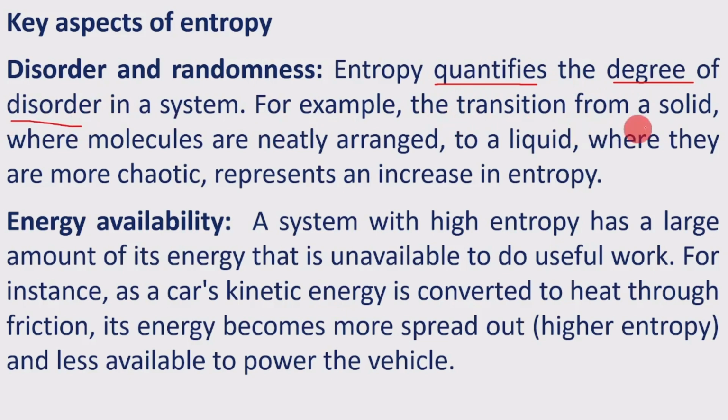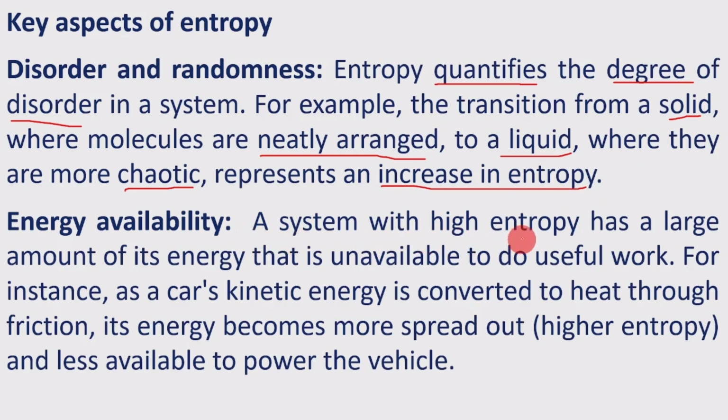For example, the transition from solid, where the molecules are neatly arranged, to liquid, where the molecules are more chaotic, meaning they are free to move, represents an increase in entropy. If the molecules are chaotic and random in nature in the liquid, we can see an increase in the entropy.